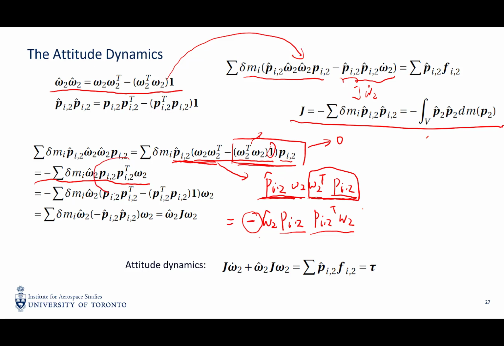So right now we have pi2 times pi2 transpose. Then we can apply the triple product rule again, because we want to express the first term also in terms of moment of inertia and angular velocity. You can see here these two terms are the same. So basically what we do is that we swap. Oh, this should be a positive sign.